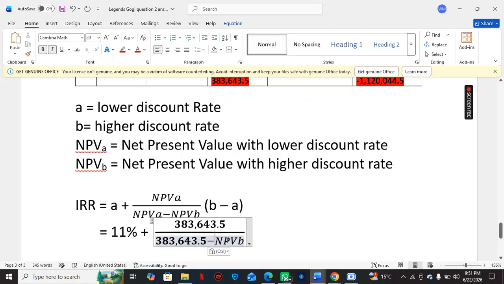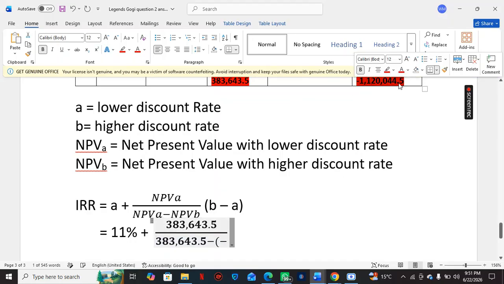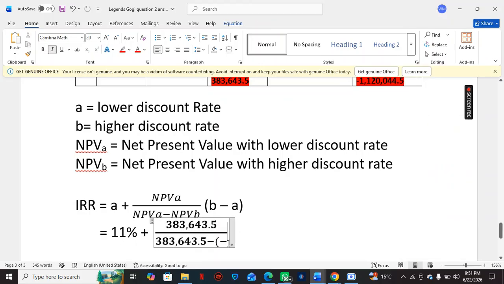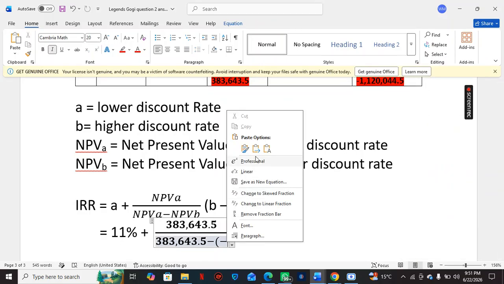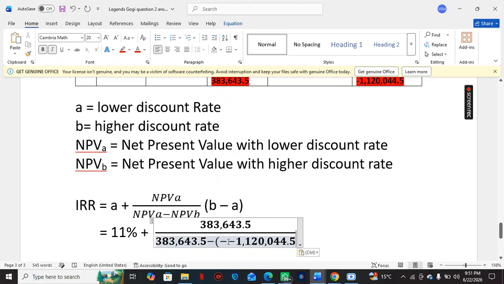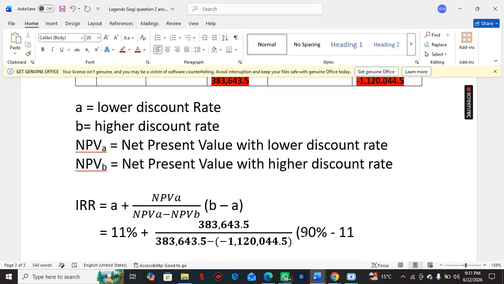Then the net present value with the higher discount rate is negative 1,120,044.5. Open brackets, 90% minus 11%.